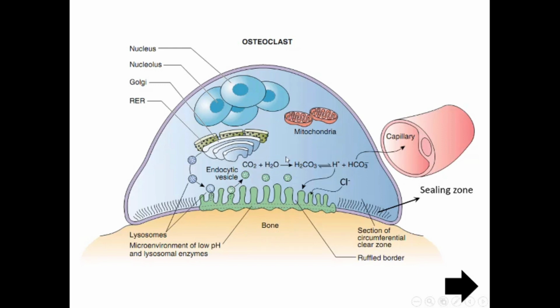So the cell removes the organic part by lysosomal enzymes and the inorganic portion by HCl. Then calcium and phosphate are transferred to the blood, increasing the concentration of these ions in the blood. In this way, the cell can resorb the bone.